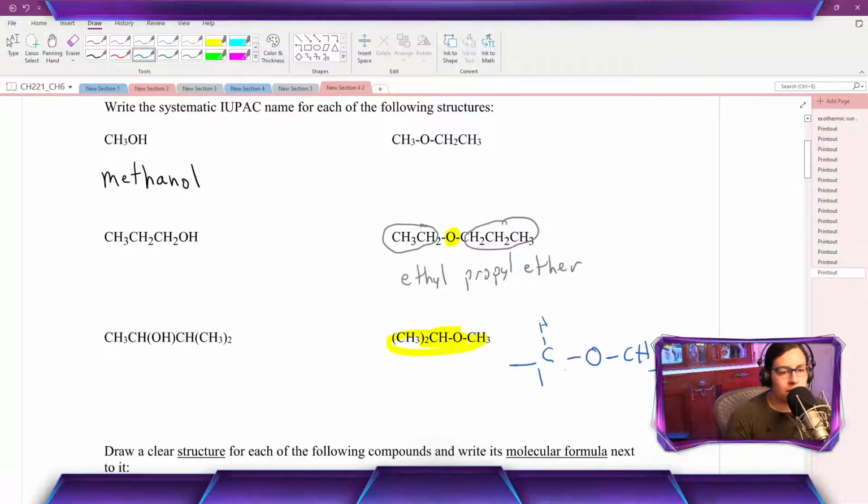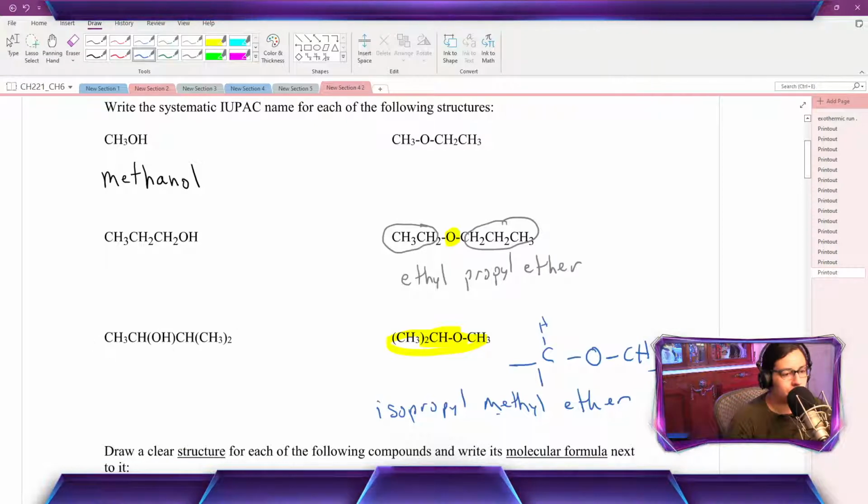And so this is an isopropyl group. So we can name it isopropyl methyl ether. Okay, let's look at another one.